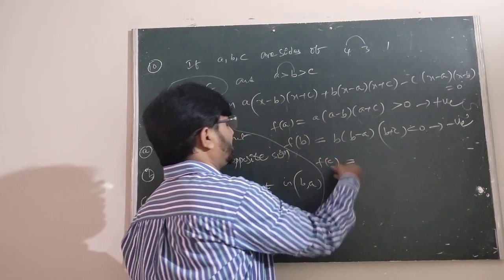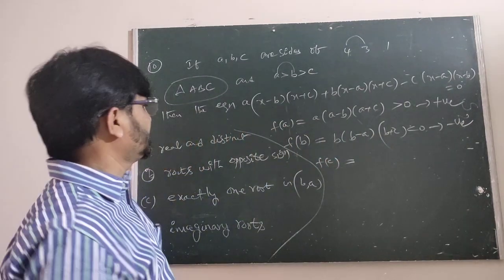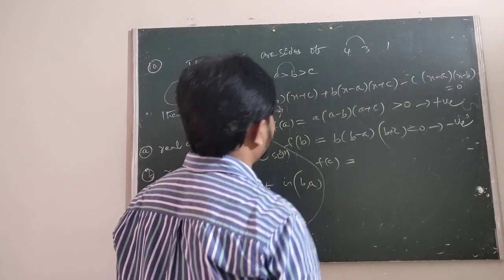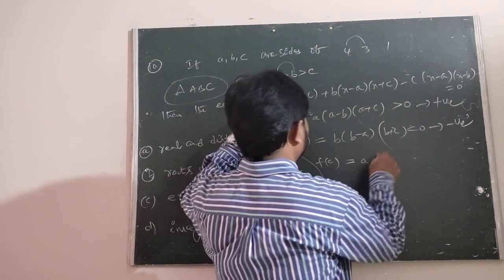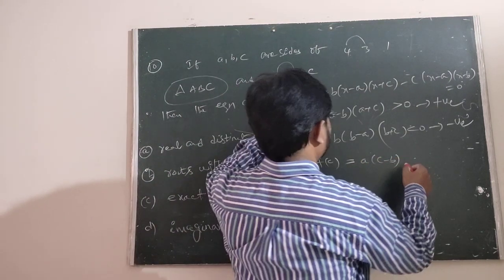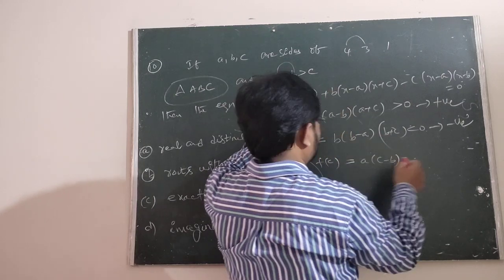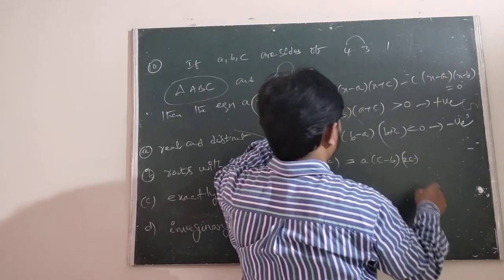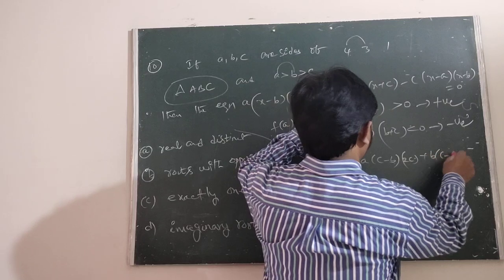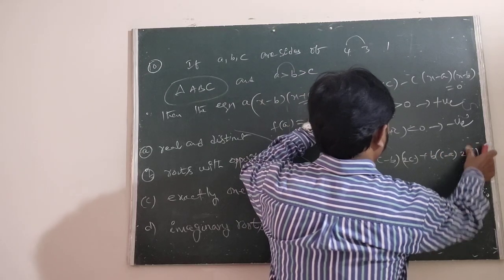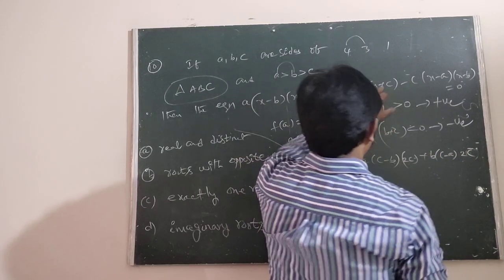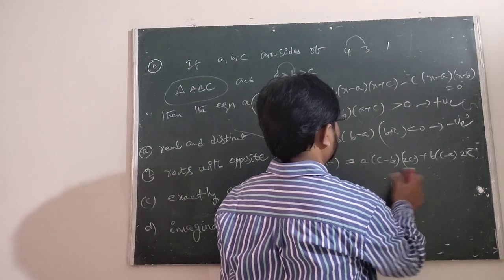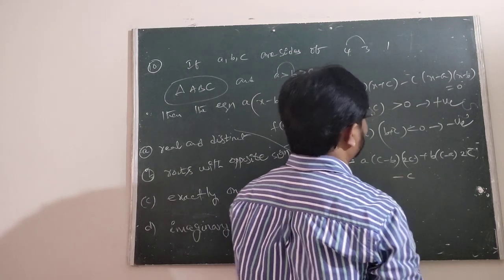Now write f of c. f of c is c into (c minus a)(c minus b)... a into c plus c is 2c, b into c minus a into 2c.